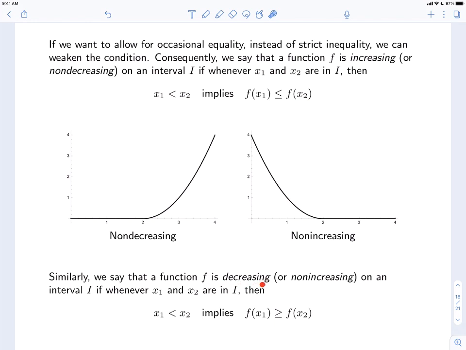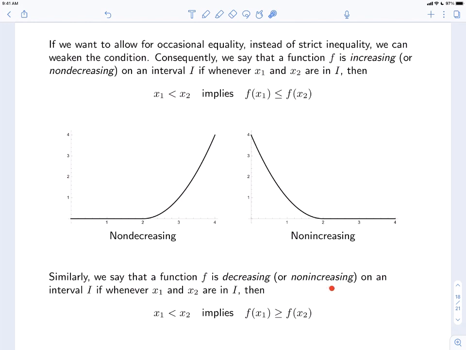A function is decreasing, or non-increasing, on an interval I if whenever x1 and x2 are in I, and x1 is less than x2, the output for x1, f at x1, is greater than or equal to the output for x2, f at x2. That means the output values are not getting bigger. They might be getting smaller as you move to the right, but they might actually be equal, but they're certainly not getting bigger.